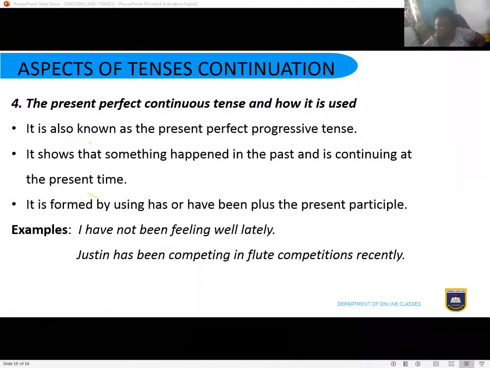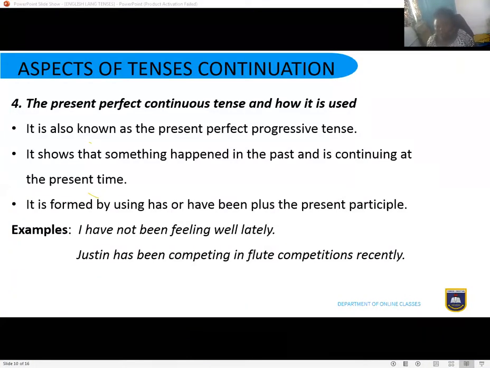Now let's look at these examples. Example 1: I have not been feeling well lately. Now, can you explain that? Perpetua, are you there?